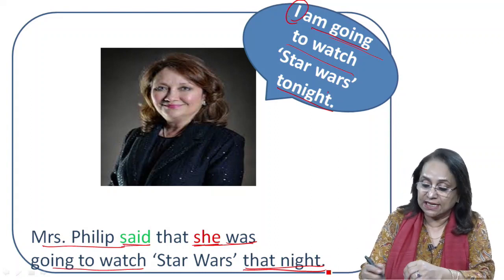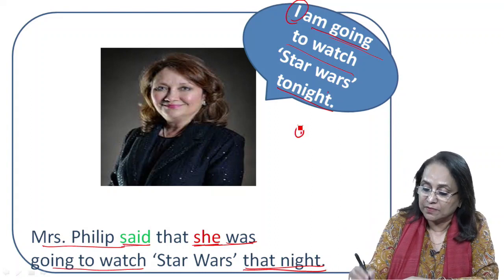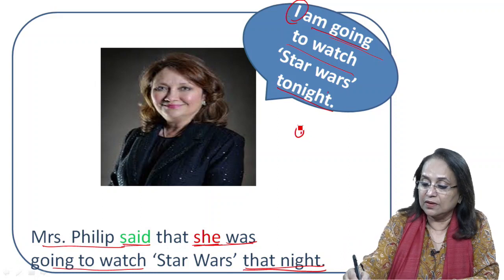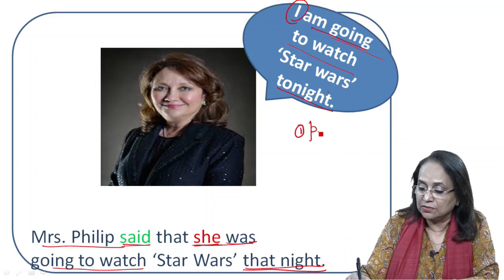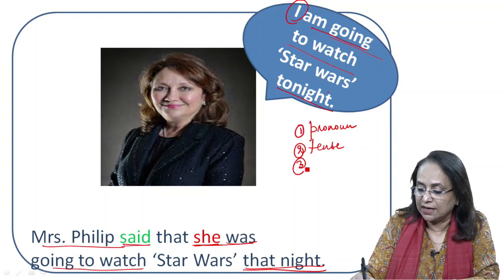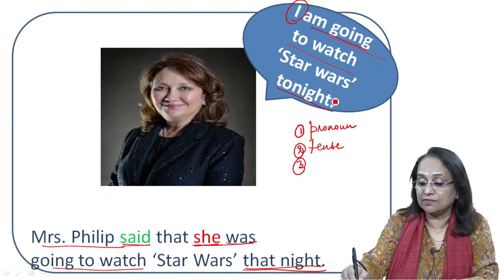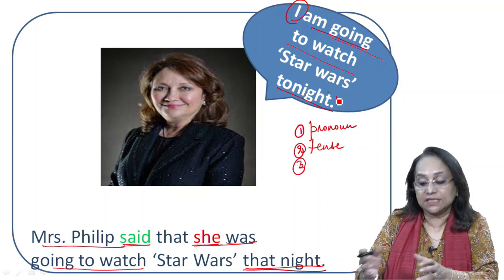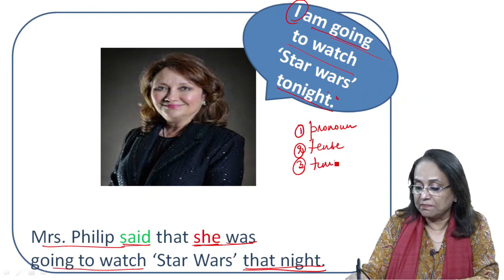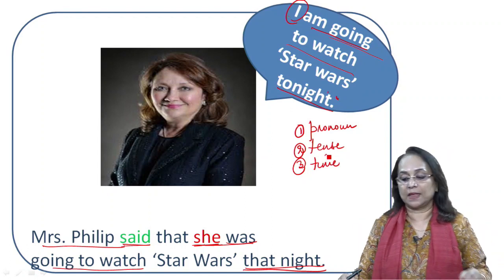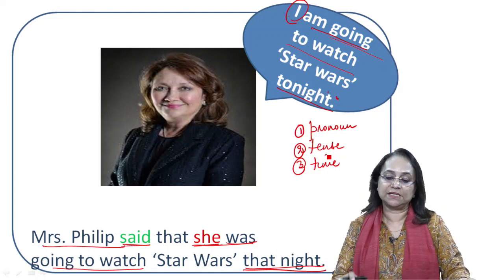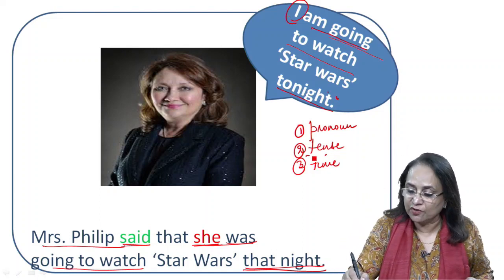So there are basically three changes. One, the pronoun. Two, there's a change in the tense. And three, there's a change in the time. Three changes have happened in this sentence. Tenses we've already done.